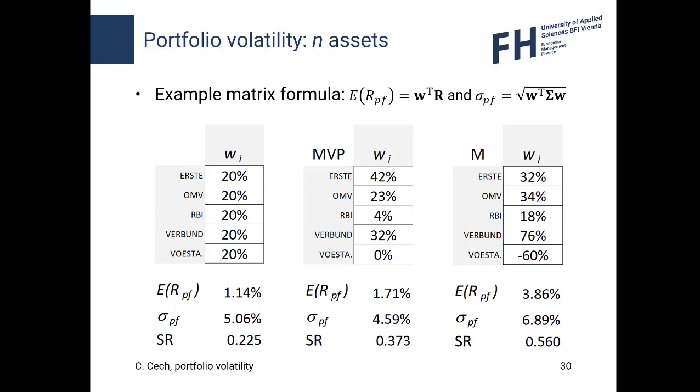We borrow these stocks, sell them, and invest them into the other four assets. And you see here in the market portfolio, obviously, the Verbund share has got a very high weight.